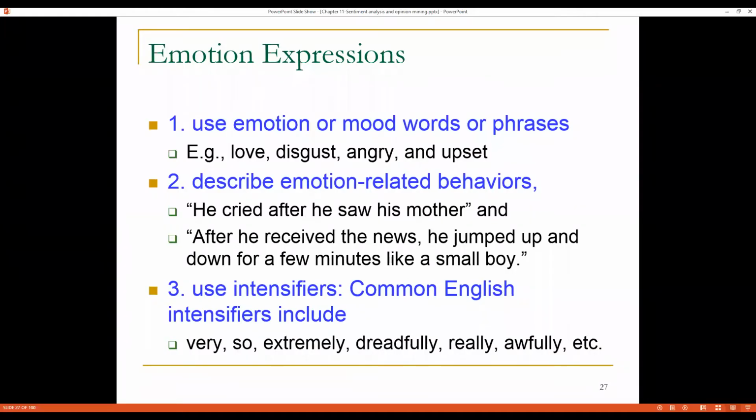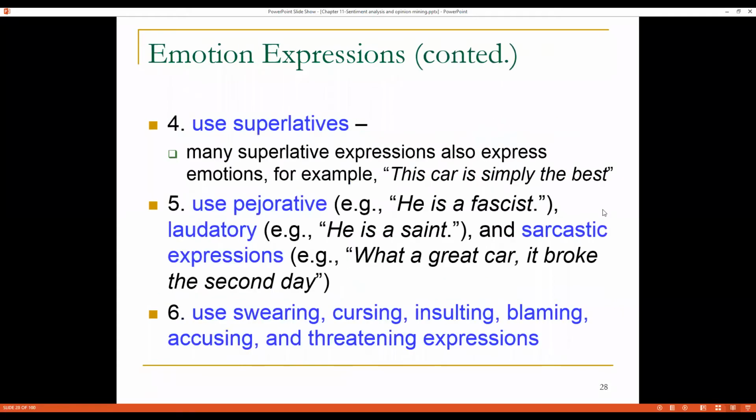So emotional expressions can use emotion or mood words or phrases, for example, love, disgust, angry, and upset. They can describe emotion-related behaviors. They can use intensifiers, some common English intensifiers include very, so, extremely, dreadfully, really, awfully, etc. They can use superlatives.